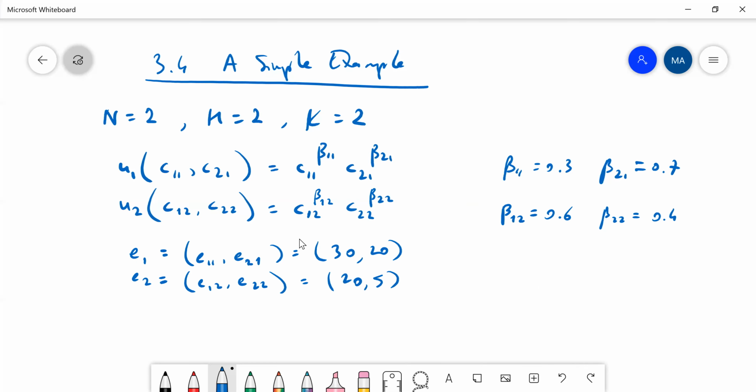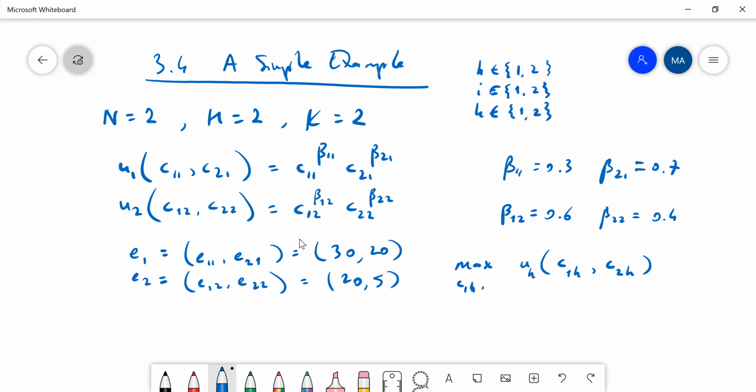So now you can express the problem, right? Maximize U^h, by choosing consumption levels C1h, C2h, subject to your budget constraint.